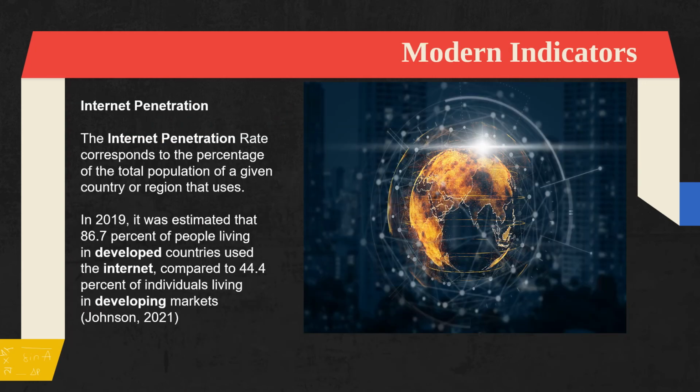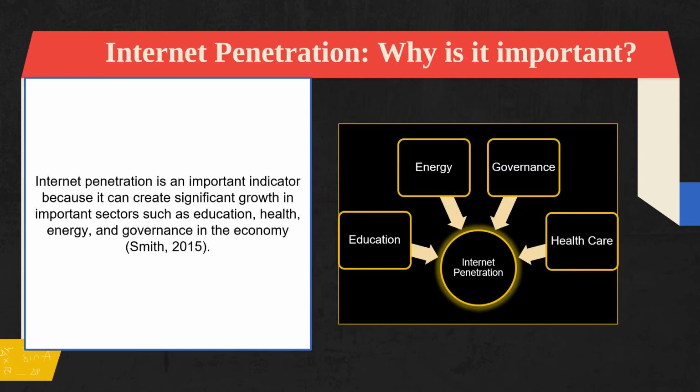There are also other indicators, what I call modern indicators. One is internet penetration, which is important, especially now in terms of our human development, where education is so much dependent on internet access. So why is internet penetration so important?